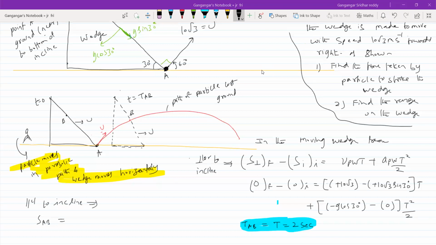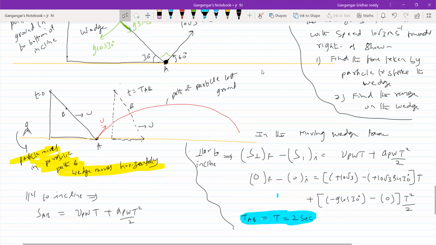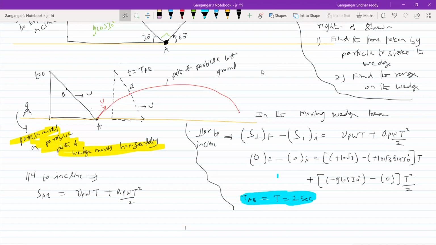What is the formula again? Velocity of the particle with respect to wedge into T plus acceleration of particle with respect to wedge, this one along the incline. Again, don't substitute the same values. Along the incline, we have to substitute this value. So this is the unknown thing, we don't know this, LHS. Come one by one. Okay, this u parallel, no?